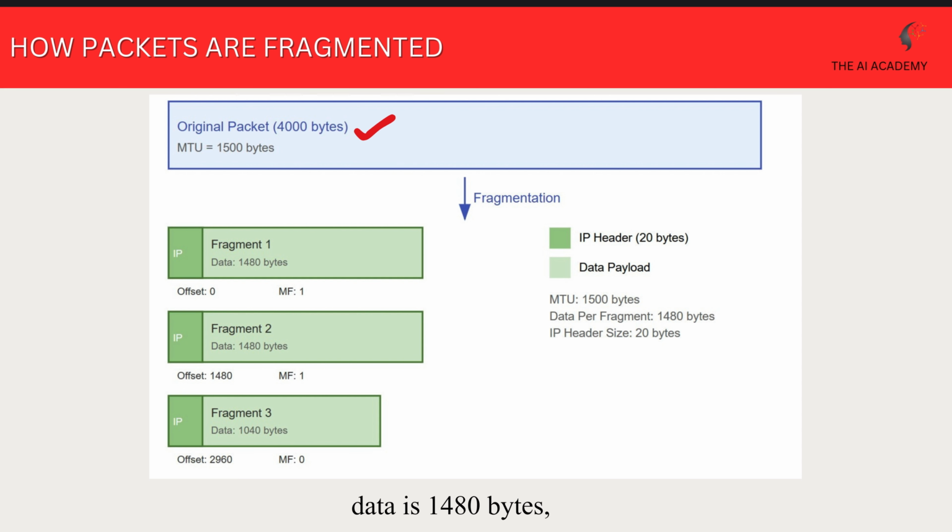Fragment 1: data is 1,480 bytes, offset is set to 0, since this is the first fragment which contains the very first chunk of data from the original packet. Since it starts at the beginning, its offset is 0, and the MF flag is set. Next, in fragment 2, the data is 1,480 bytes, the offset is set to 1,480 bytes, and the MF flag is set.